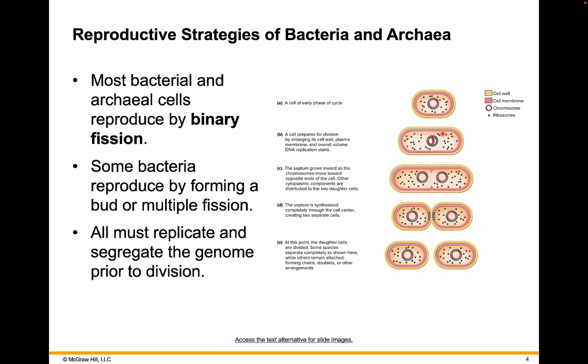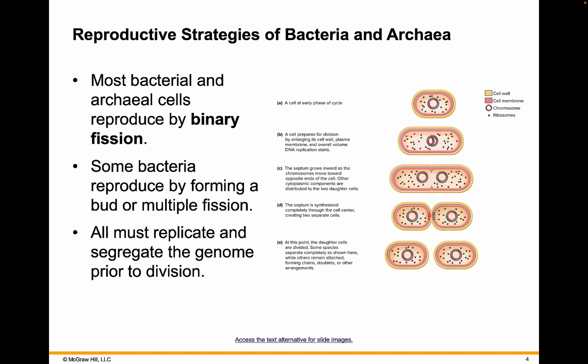The ribosomes, and essentially what happens, the cell prepares for the division by enlarging the cell wall and plasma membrane, and also DNA replication occurs. Once the DNA replication is complete, the septum grows inward as the chromosomes move towards the opposite ends of the wall, and other cytoplasmic components also distribute.